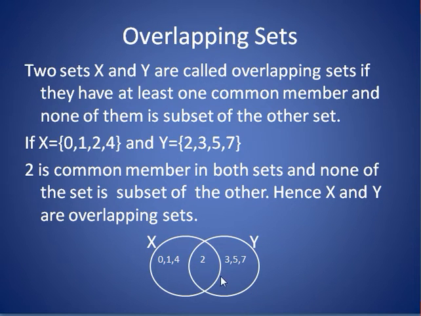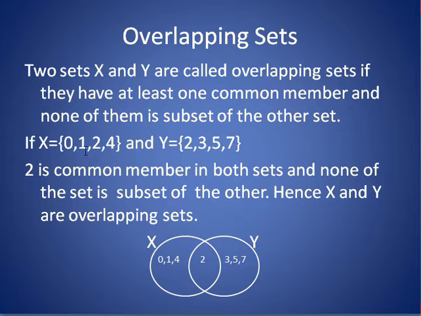So the first circle shows set X and the second circle shows set Y. This portion is common to both sets X and Y, that is the overlapping portion, and 2 is the common element of sets X and Y, so we write it here.